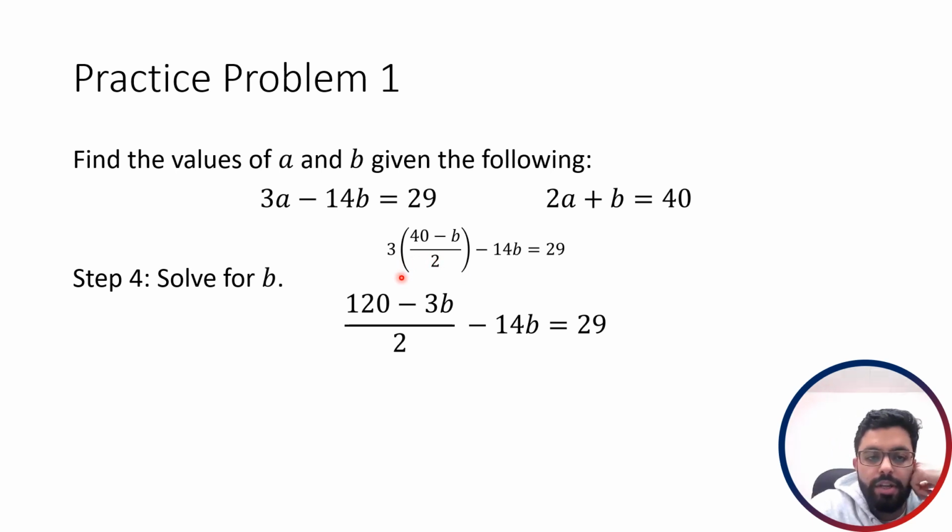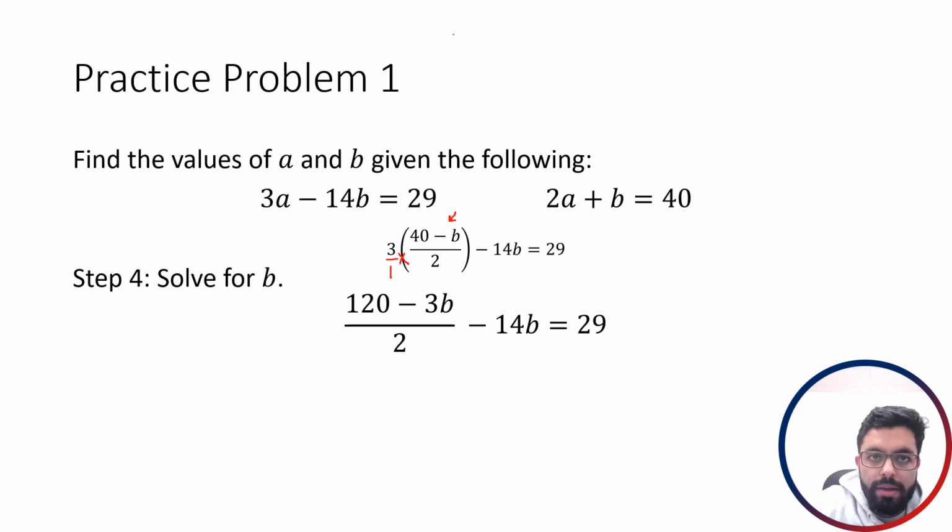So first things first, a little bit of distributive property stuff, which hopefully you guys have seen before, but in case you haven't. Basically what I want to do is take this 3 over 1 and multiply it by this fraction over here, this 40 minus b divided by 2.